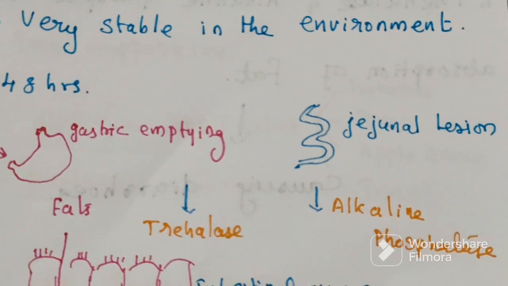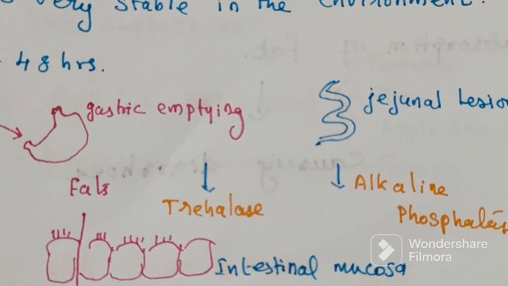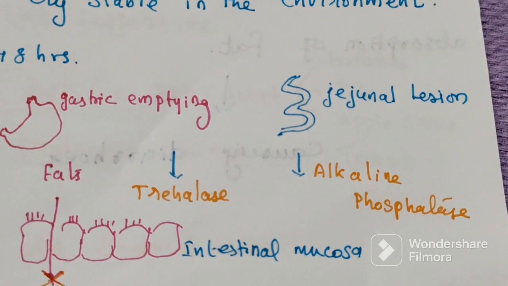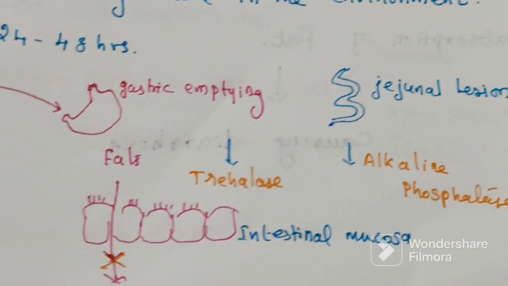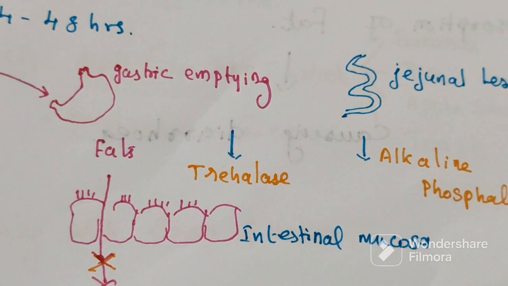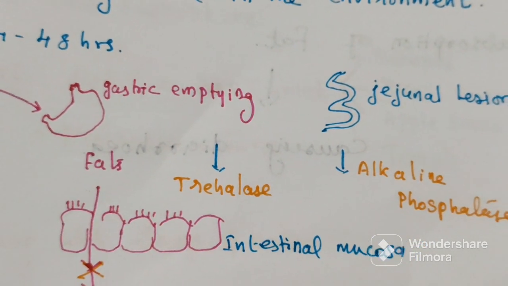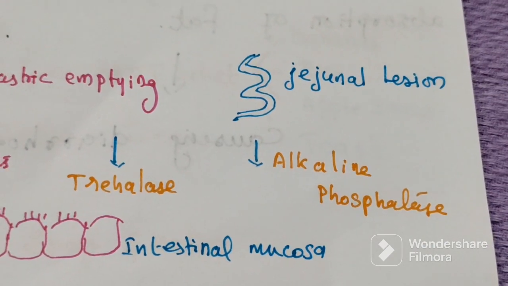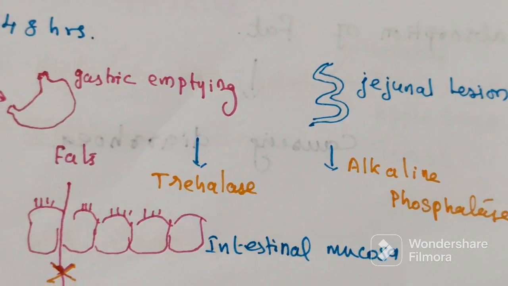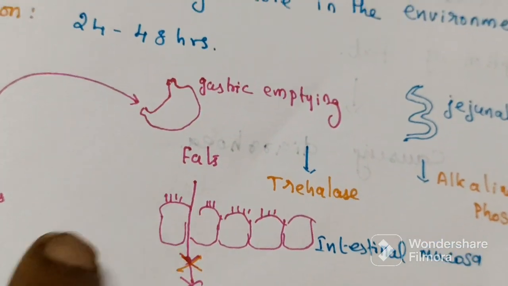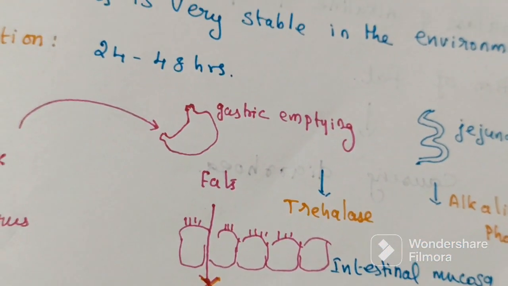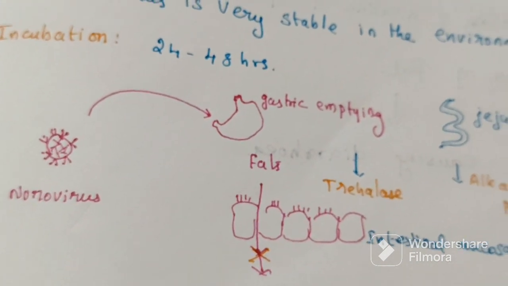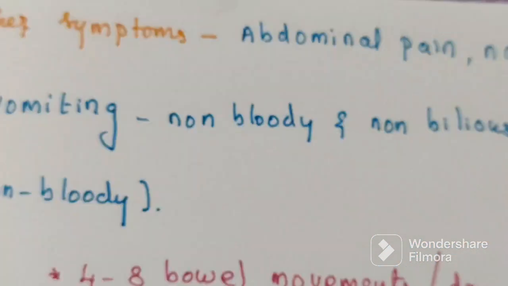Then it affects the jejunum, causing malabsorption by affecting the intestinal mucosa. It reduces the activity of two enzymes, triglyceride lipase and alkaline phosphatase, and inhibits the absorption of fat. So it causes vomiting, nausea, and diarrhea.